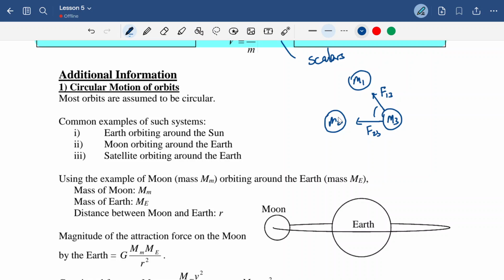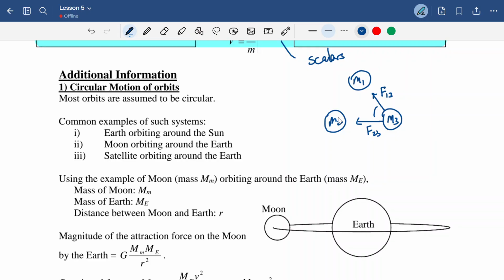Let's say for the moon around the Earth, most satellites around Earth, Earth around the sun, all these orbits are assumed to be circular. Of course, if you look at those in the outer solar system like Pluto, Uranus, Neptune, the orbits are actually elliptical. I'll talk about that in a while.